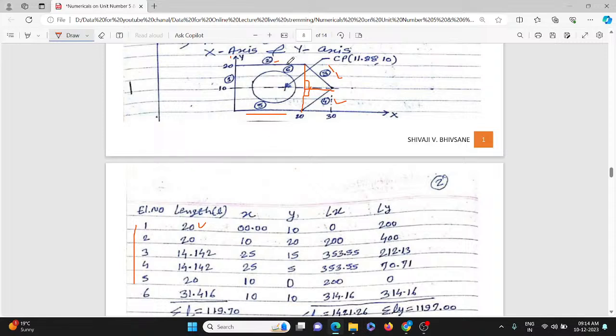Then the sixth element, this sixth element is nothing but the circle. Okay, so the length of this particular circle is nothing but the perimeter of that circle. So perimeter is nothing but equal to pi d, or you can say 2 pi r.